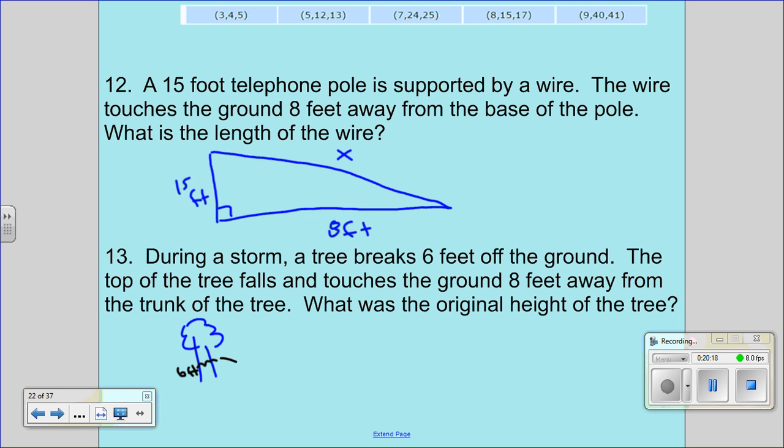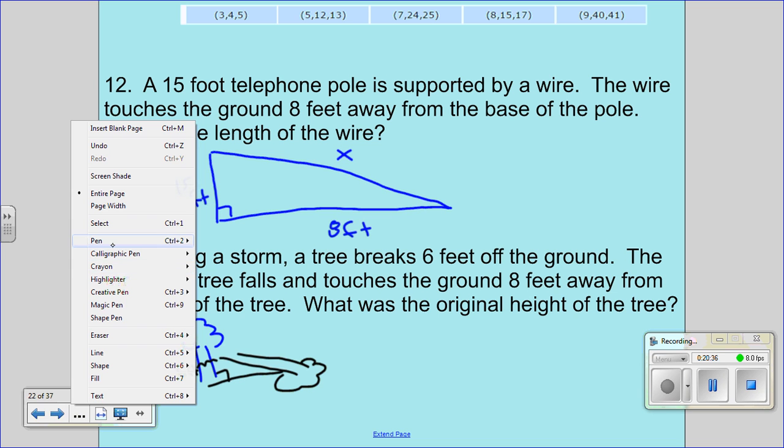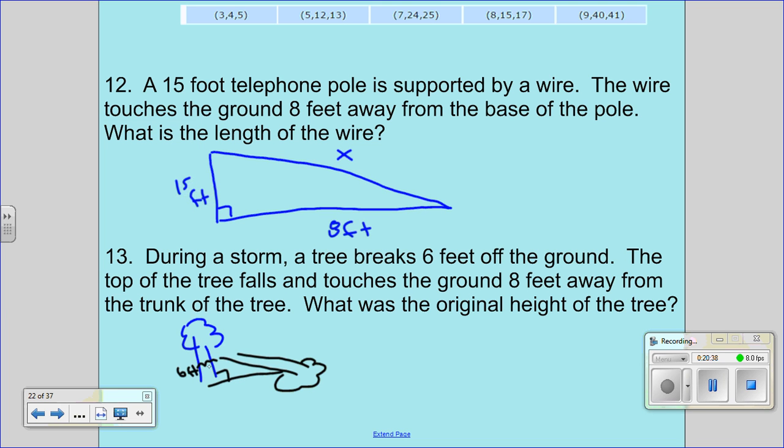And then it hit the ground. So it's laying down here on the ground. And this length of where it touches the ground is 8 feet from the bottom. It says, what is the original height of the tree?